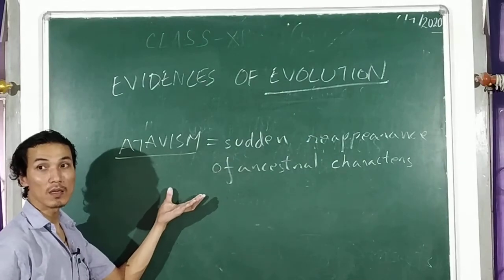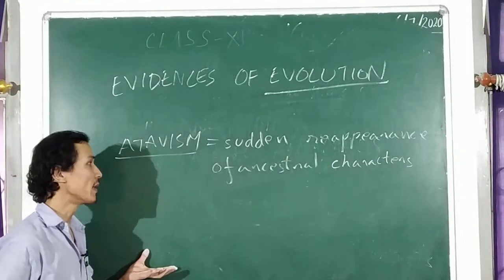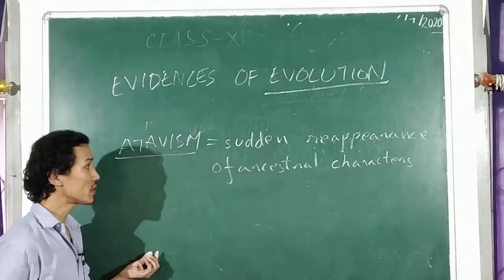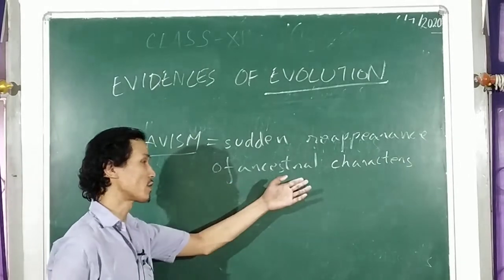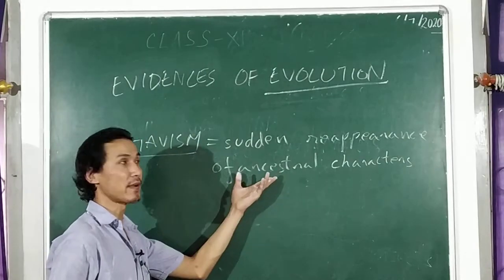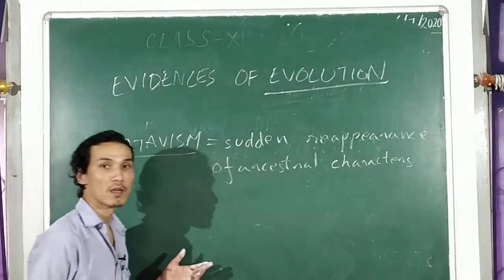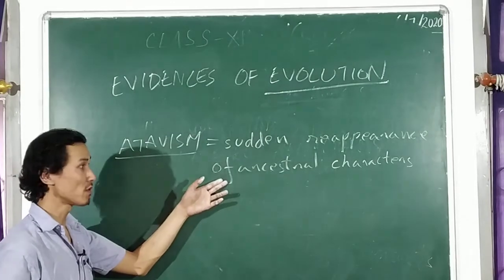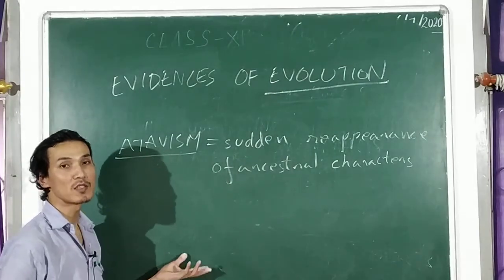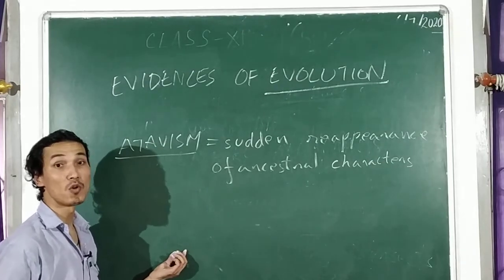Examples can be the presence of teeth in a newborn baby or the body being covered by hair. Now, hair was a common character among our ancestors, but it's no longer present in our parents. There was a famous example of the lion baby of Russia. What it proved was the phenomenon of atavism, that means sudden reappearance of ancestral characters. This baby had its entire body covered with hair and had a small tail.